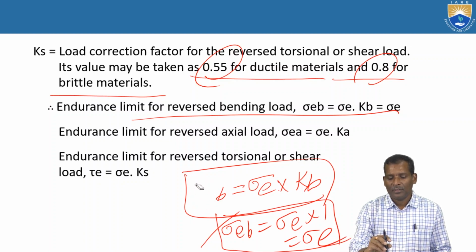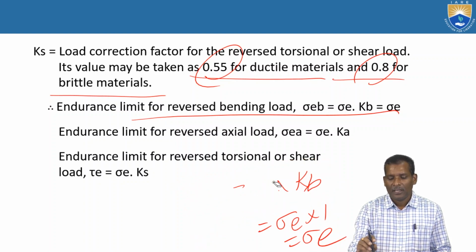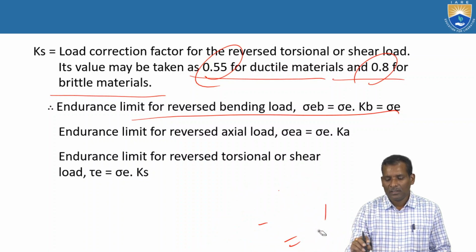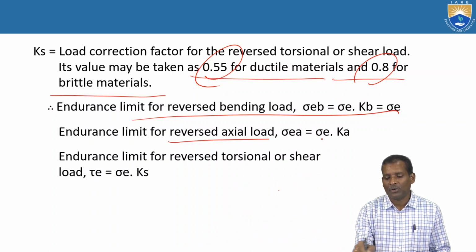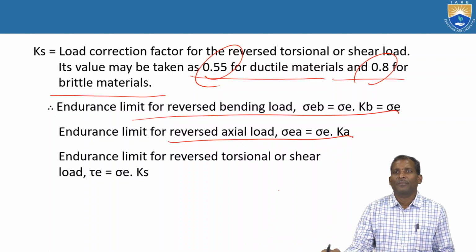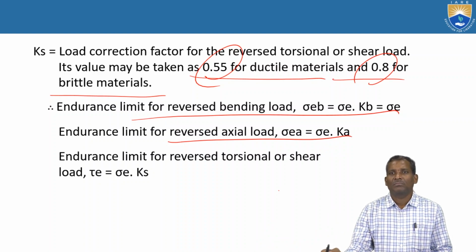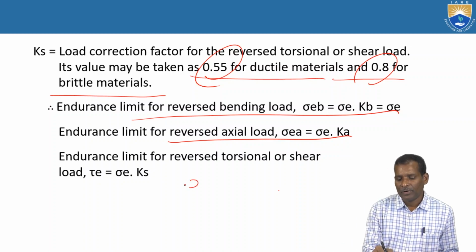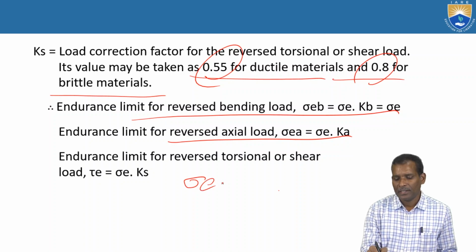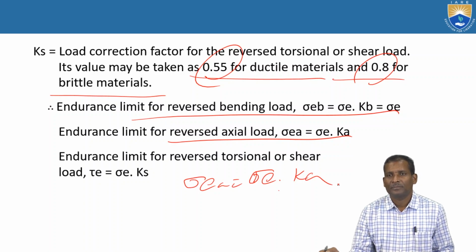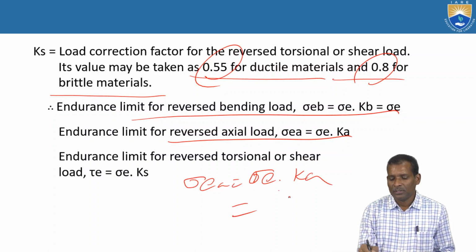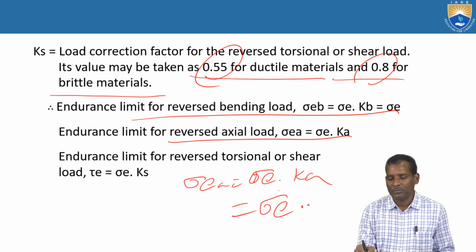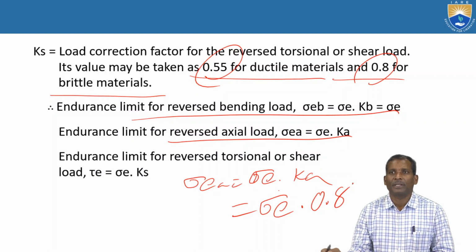Similarly, you may calculate the endurance limit for reversed axial loads. Suppose your component is subjected to reversed axial loads, sigma Ea. Sigma Ea is equal to sigma E into Ka. In this also, the Ka value you may assume as 0.8, as we discussed in the previous slide.